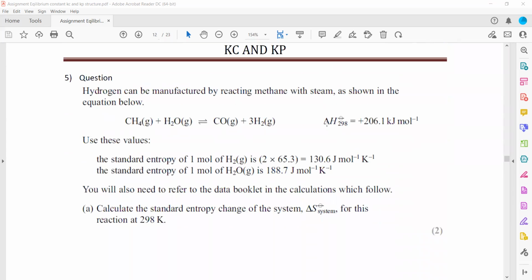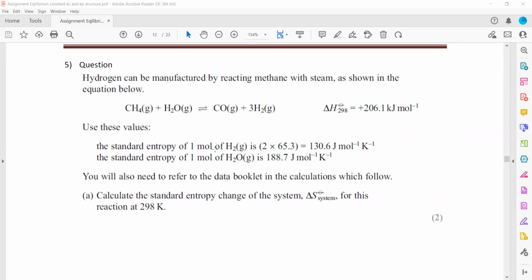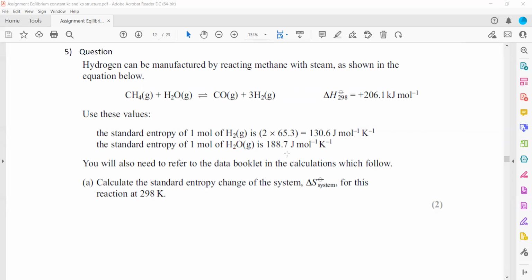In question 5, hydrogen can be manufactured by reacting methane with steam. As you can see, the forward reaction is endothermic. The standard entropy of 1 mole of hydrogen is given, and the entropy of 1 mole of water is also given. You will also need to refer to the data booklet, which is important. Calculate the standard entropy change of the system. How do we calculate it?